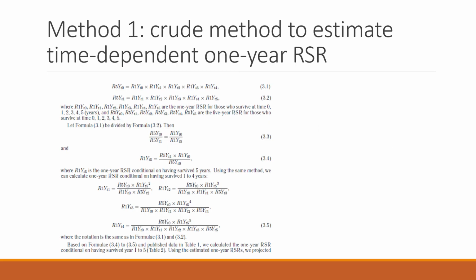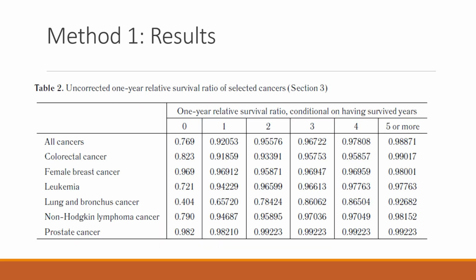Method 1. Under the assumption that 1-year relative survival ratio conditional on having survived 6 years or more is the same as that conditional on having survived 5 years, we estimated the 1-year relative survival ratios. This slide shows the results of 1-year relative survival ratio using method 1.